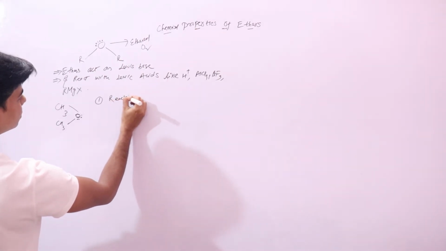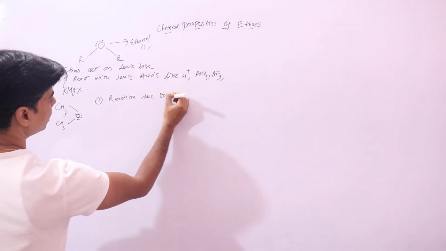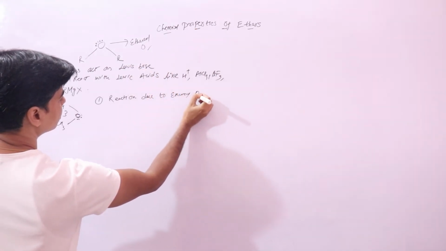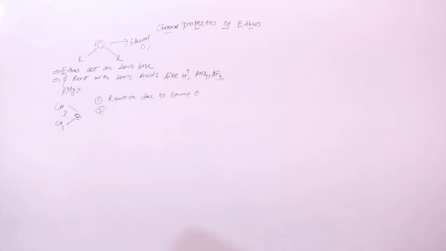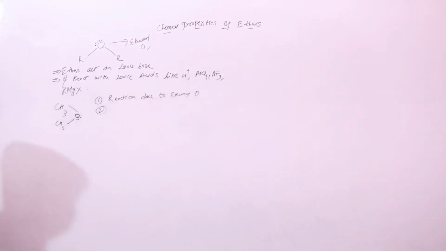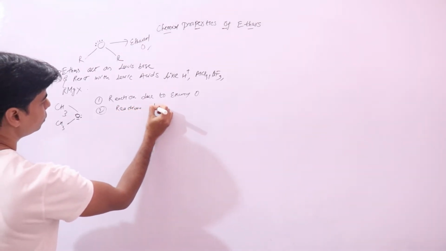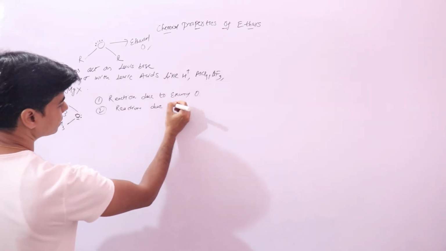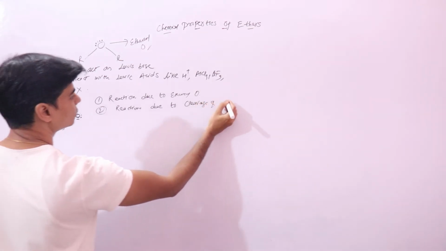So, reaction due to ethereal oxygen. The second type of reaction would be reaction due to dissociation of the C-O bond, or let's write reaction due to cleavage of C-O bond.